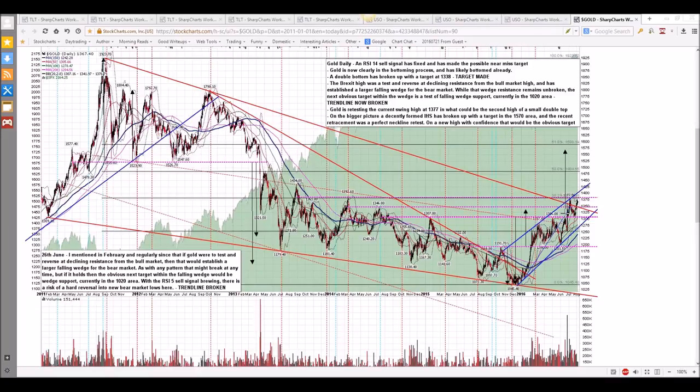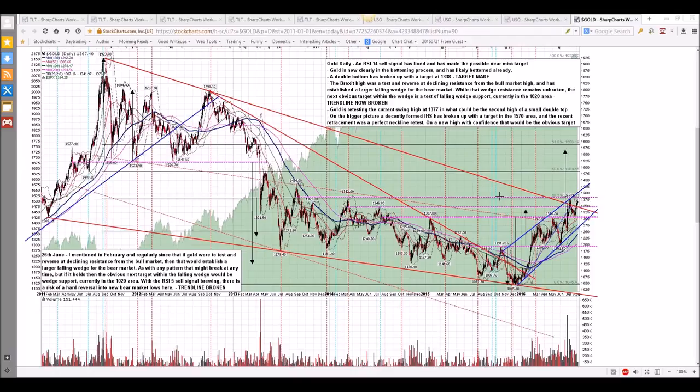We have a potential IHS here, which is broken up and done a perfect neckline retest, with a target in the 1570 to 75 area. In the event that it actually went up and ran away, this would be the scenario I would be looking at. So really like the reversal scenario here. It looks great, but in the event that it goes the other way, this is what you are looking at.